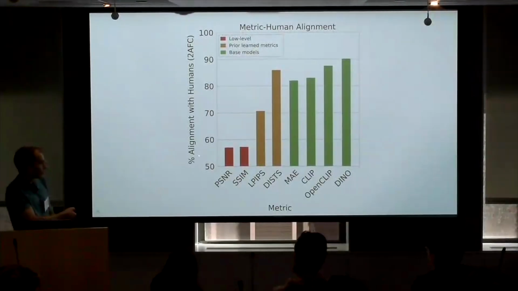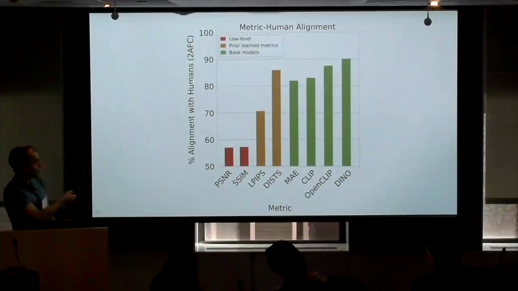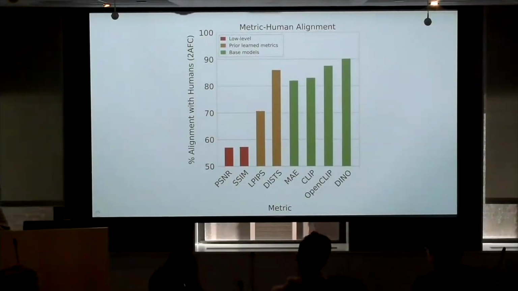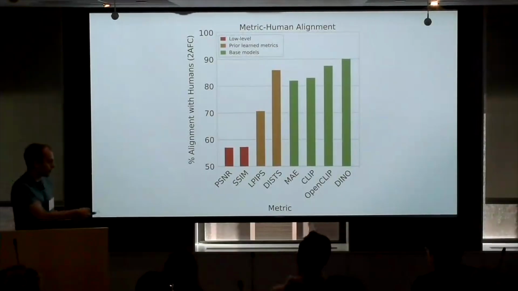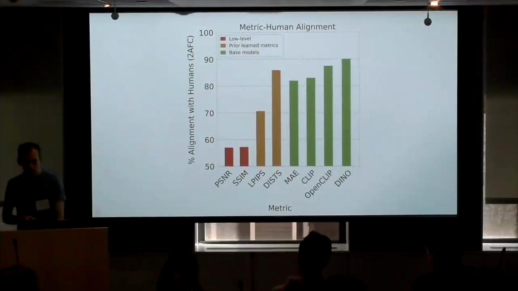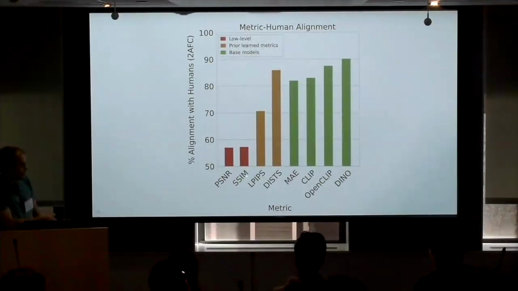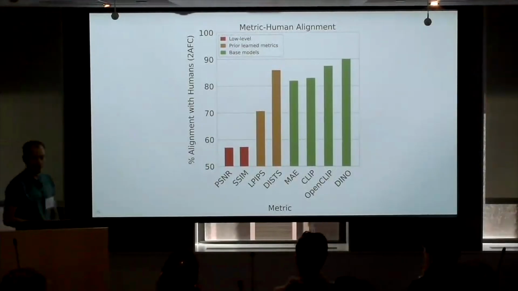Over time, you're getting higher alignment with human judgments. So this plot on the y-axis is showing how well the judgments that the metric given by the model would give you compare to what humans say the distance is between two different images. And older PSNR and SSIM are not working so well at this point. Interestingly, these two are kind of fit to human data, so they're supposed to do well. But these models like DINO, which aren't fit to human data at all, do even better.